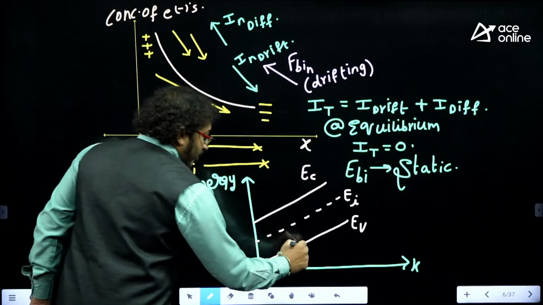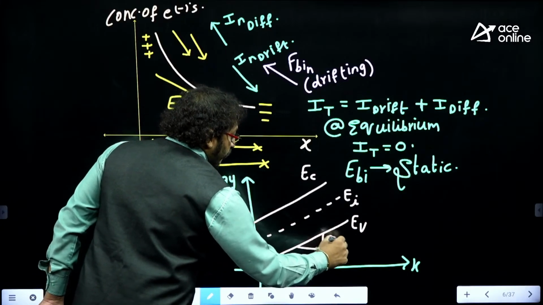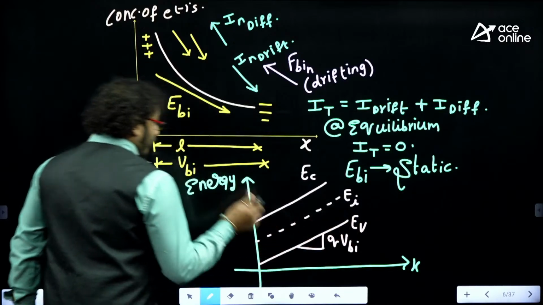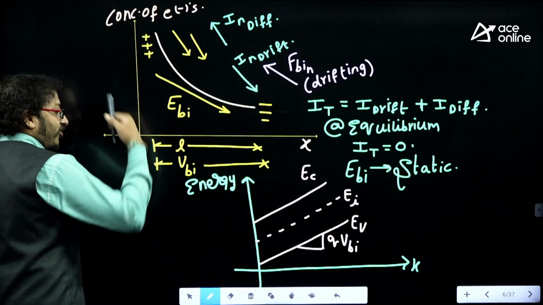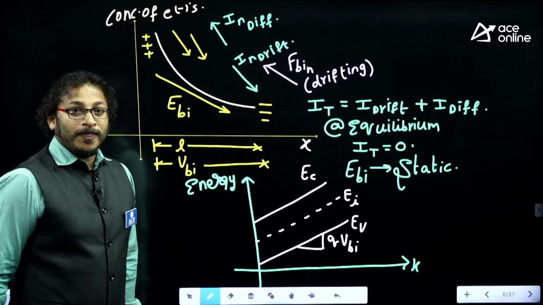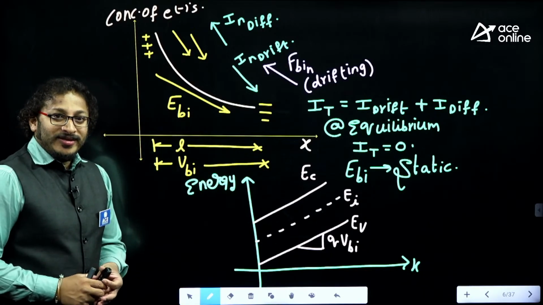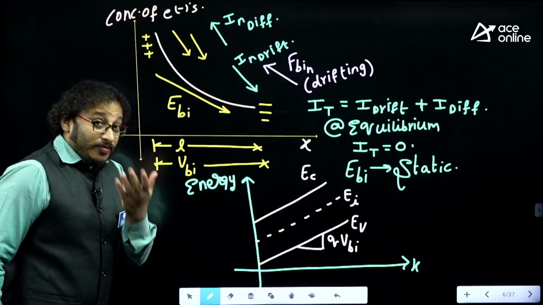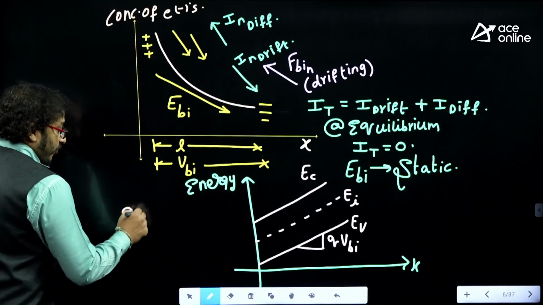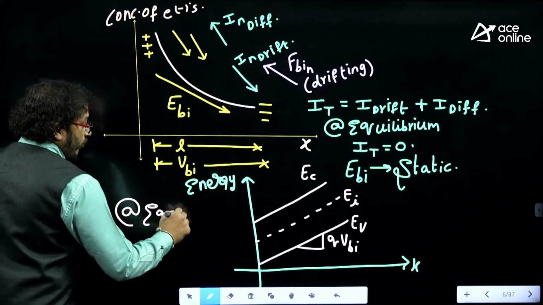And no doubt this height of the slope is nothing but q times V_BI, because the voltage responsible for the electric field is nothing but the height of the slope. Now what is this energy band diagram representing? I'm drawing this at equilibrium. Don't forget the word, okay? I'm drawing this at equilibrium.